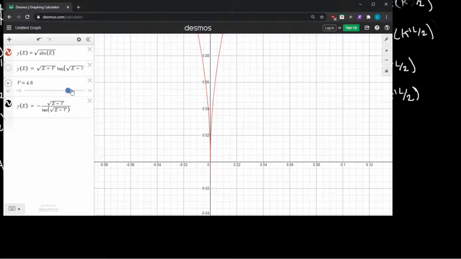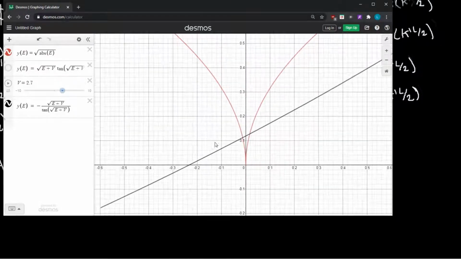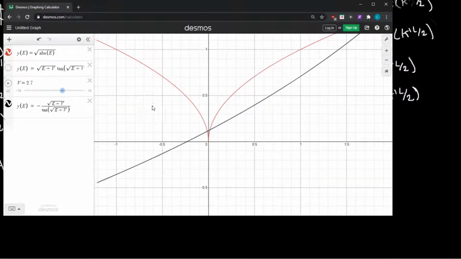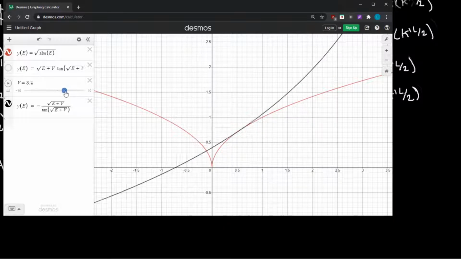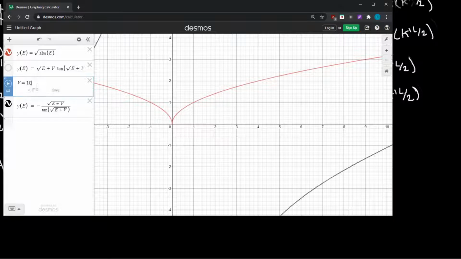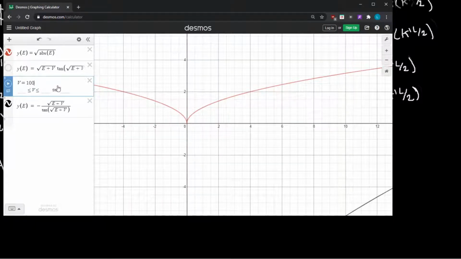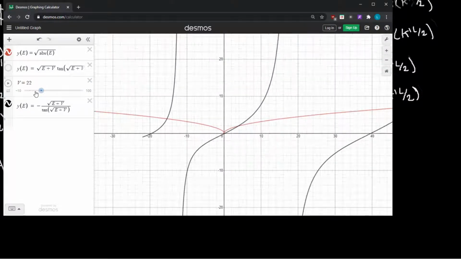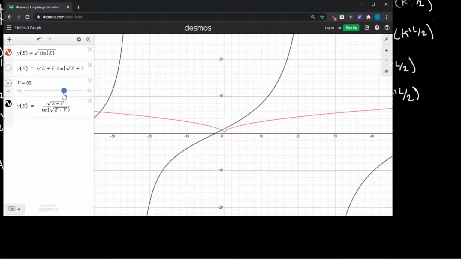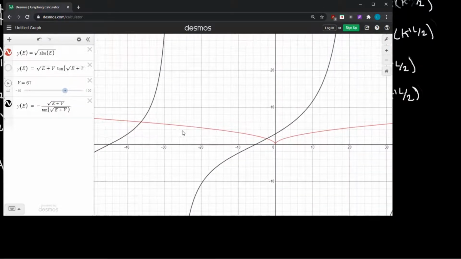Again, you'll see that as I make V bigger and bigger, I get more and more solutions, more and more intersections.